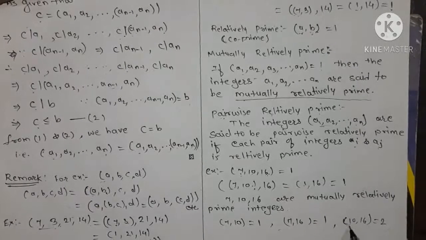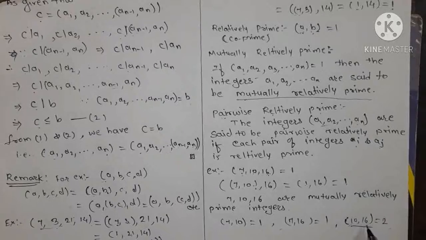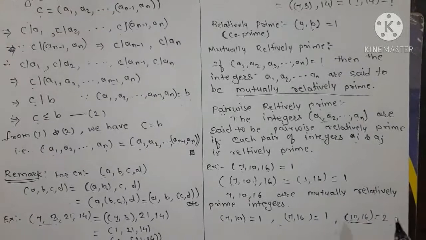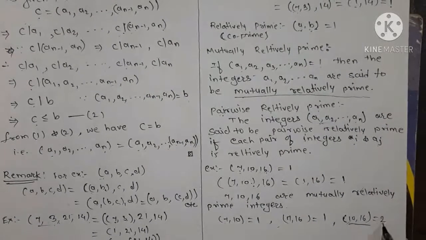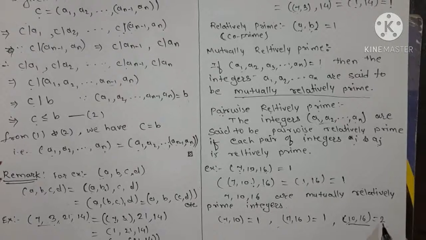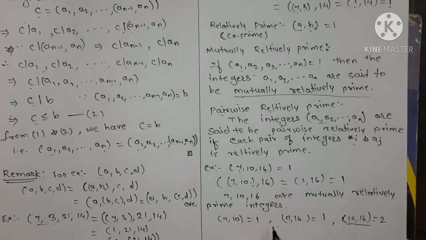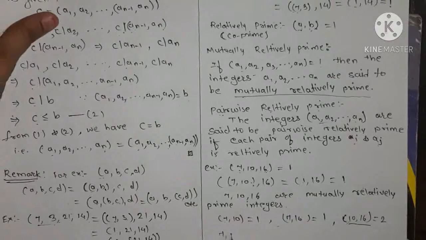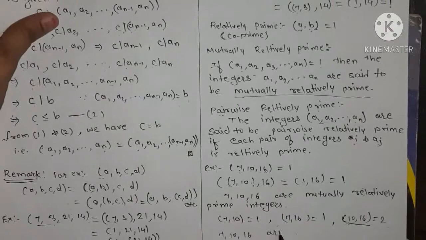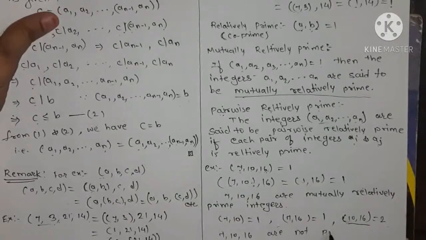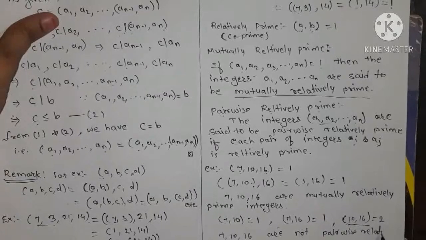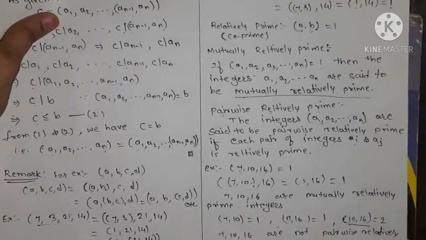So for this pair the GCD equals 2, and hence we say that 7, 10, 16 are not pairwise relatively prime.